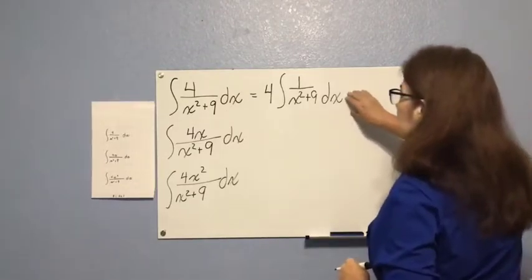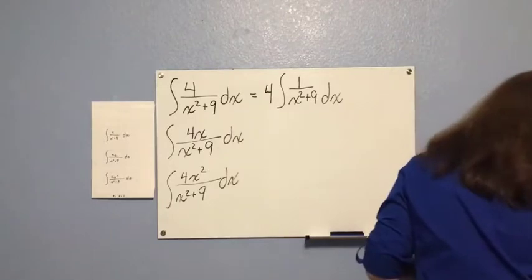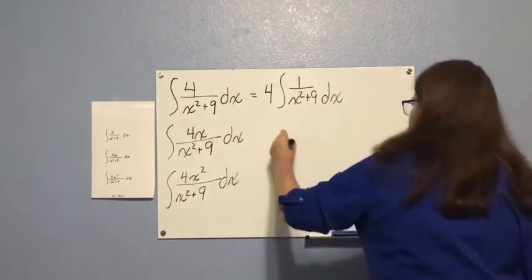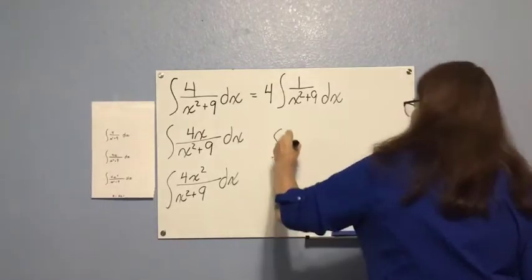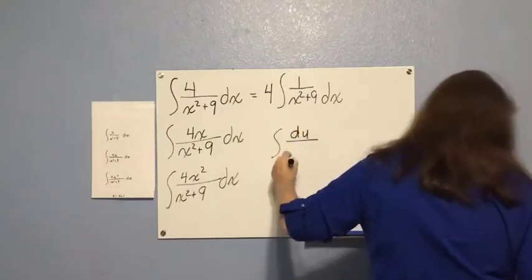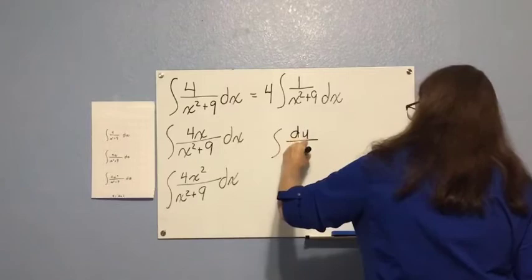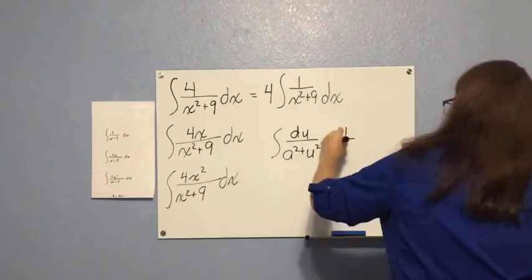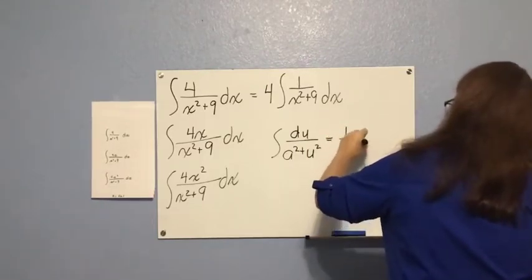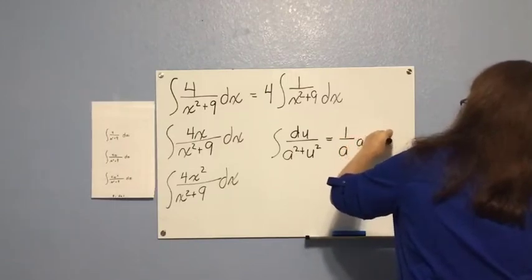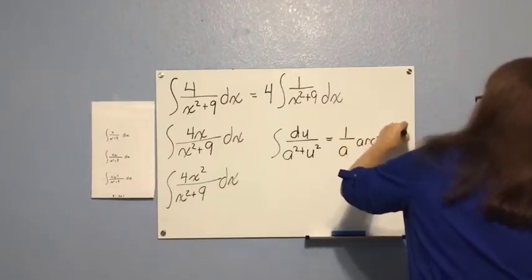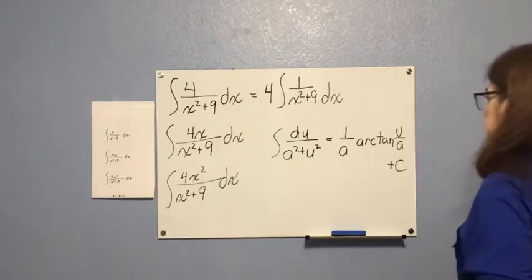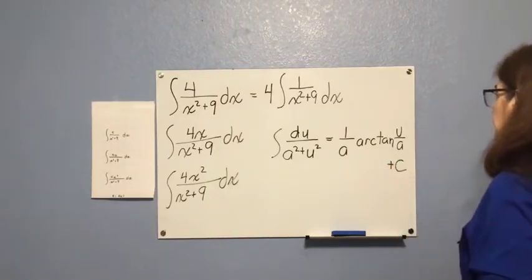Okay, and now I'm going to use the arctangent rule, which on this page is number 19. Okay, so this is our arctangent rule.